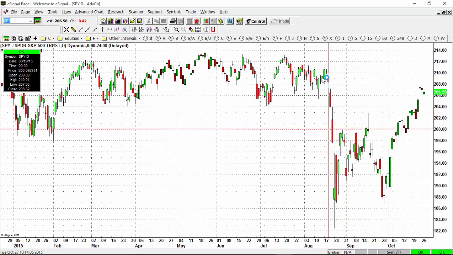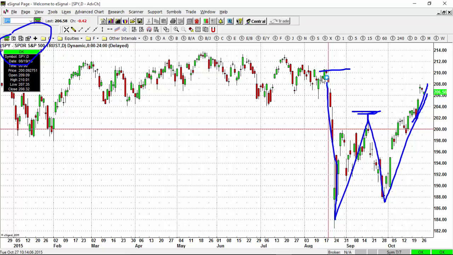A W in the market, as you can see, this W pattern, is fairly bullish. So the market broke this pattern and is heading to the upside. Resistance is at 210 in this SPY S&P 500 ETF, and at the all-time high near 214.